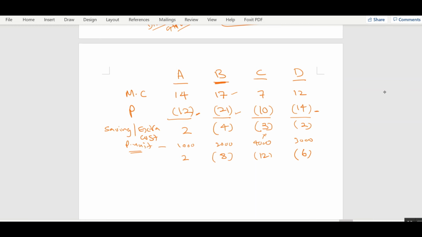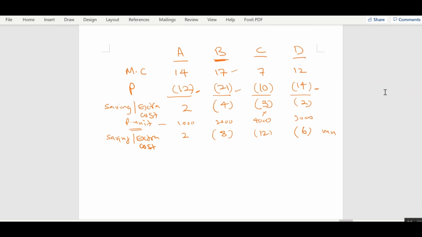So this is the total saving or the extra cost to be incurred. These are in millions: 2 million, 8 million, 12 million and 6 million. So there is a 2 million saving if you purchase outside product A. However, for products B, C and D, there will be an extra cost to be incurred.